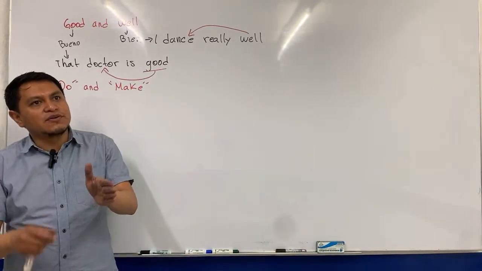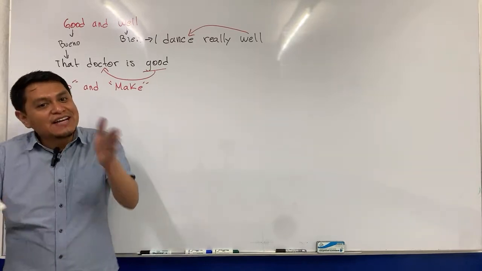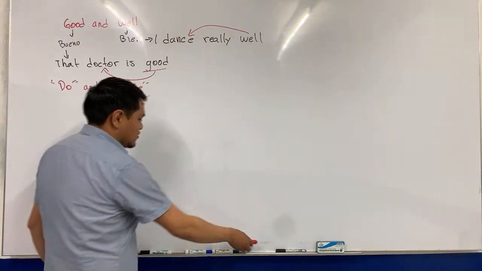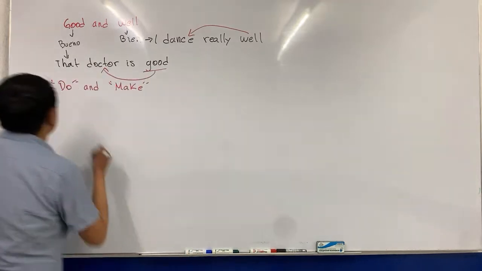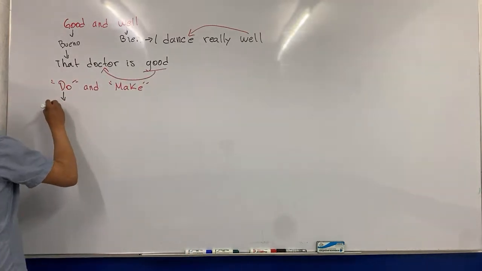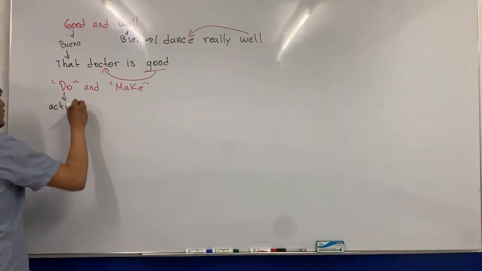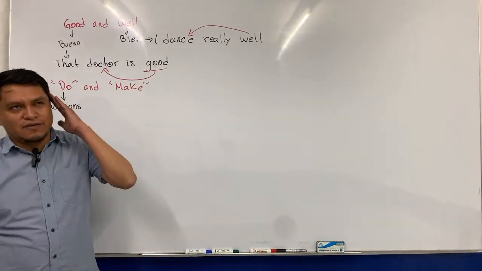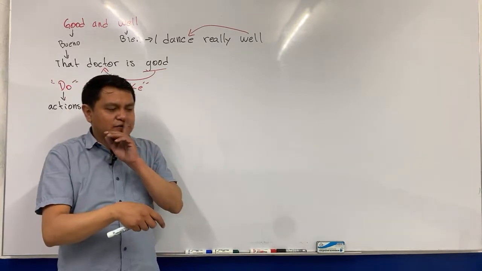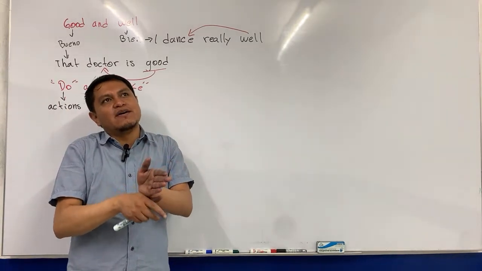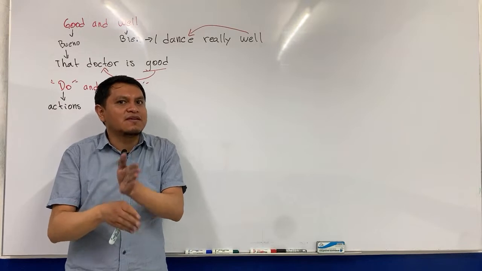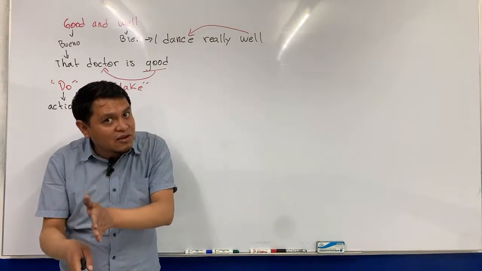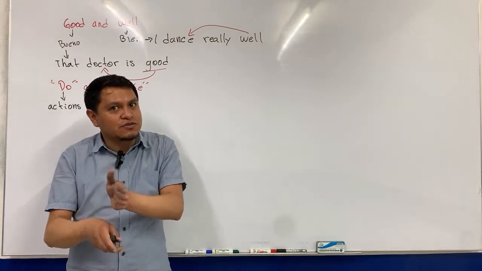Well, do is for doing an action, right? It's for actions. And make is for manufacture something, es decir, fabricar algo, for manufacturers, right?